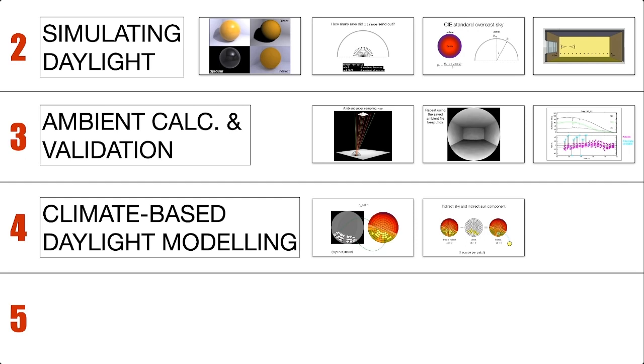And we can conclude submodule 4 with an overview of a number of climate-based metrics that can be derived from a CBDM output of illuminance time series for the whole year.